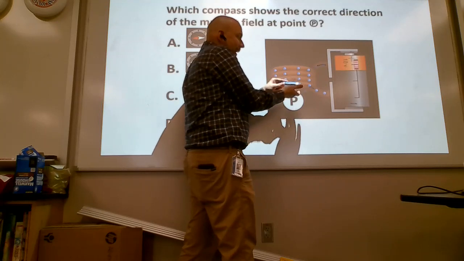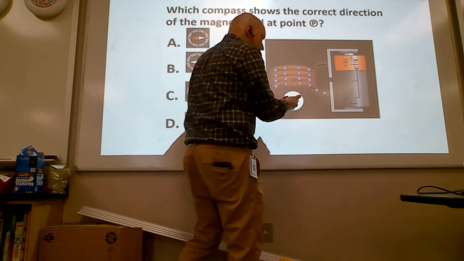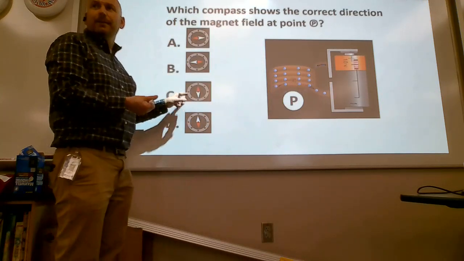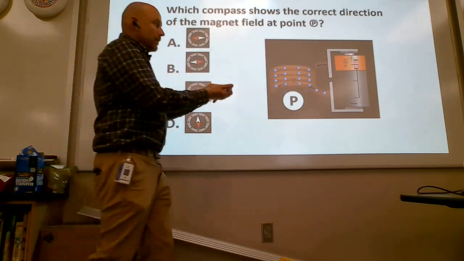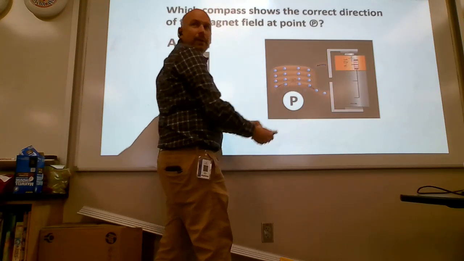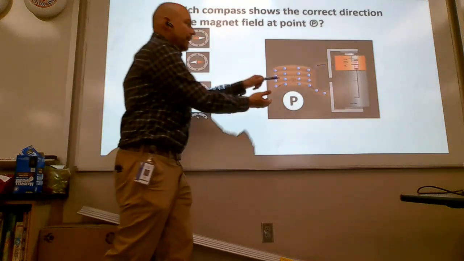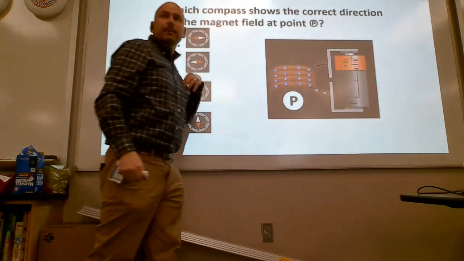Inside the coil, behind this, my fingers are going up. Correct answer is C. I want the magnetic field inside the loop of wire, so behind this.